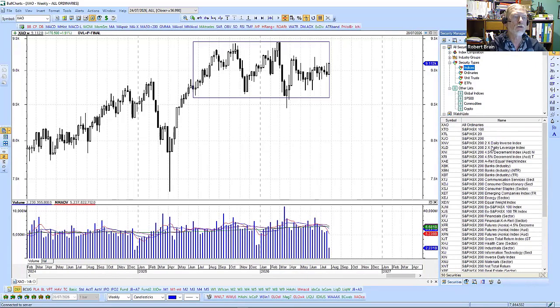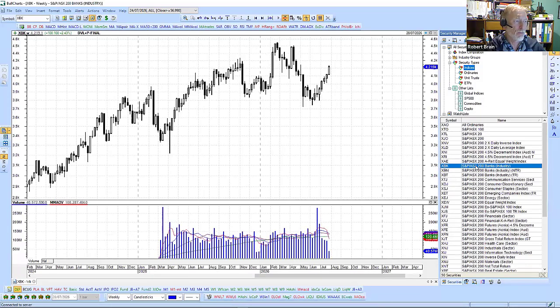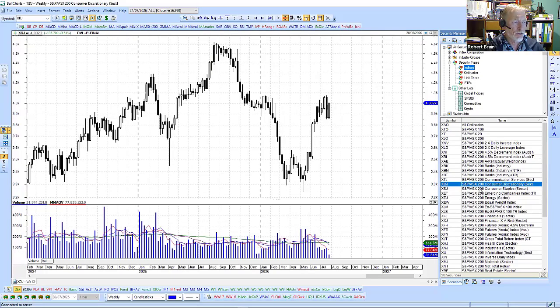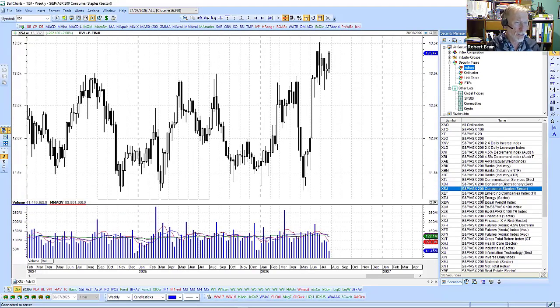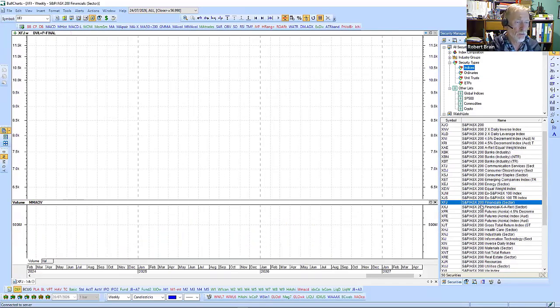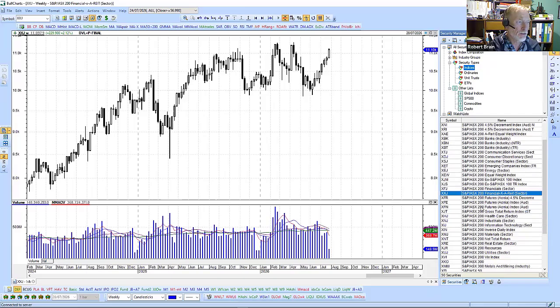We can sort this list by name so that all of the S&P ASX 200 sub-indices come together, and you can see that there's the banks, communication services, discretionary, staples, emerging companies, energy, financials, the A-REITs.